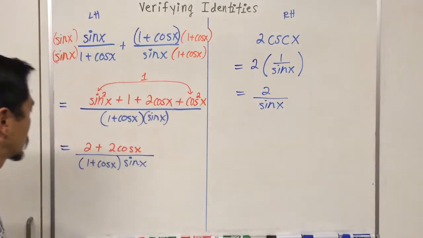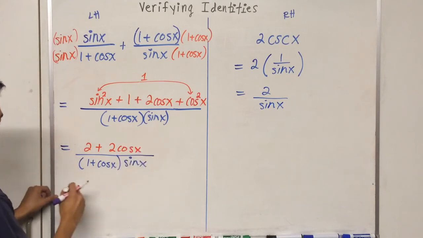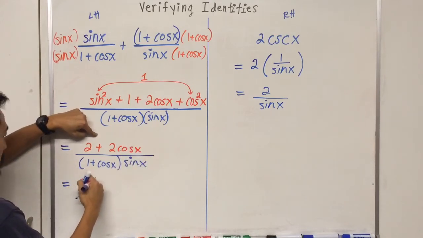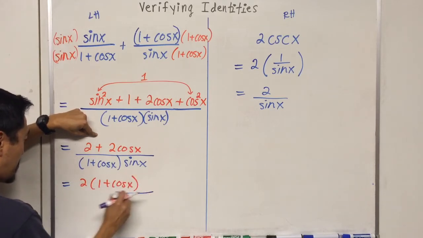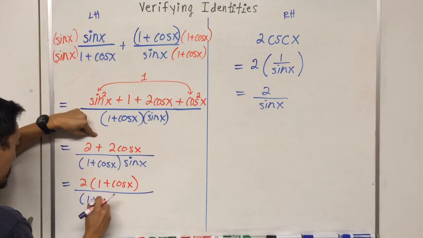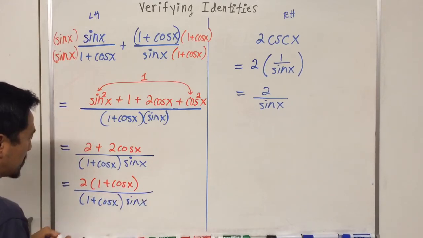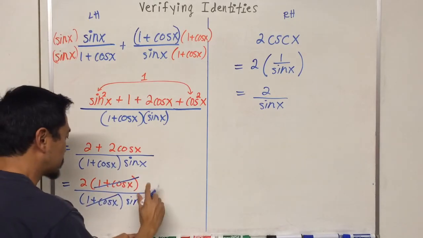So I can now see that I can get some cancellation here, and that will occur if I factor. If I factor out a 2, those 1 plus cosines will cancel, and there we have it.